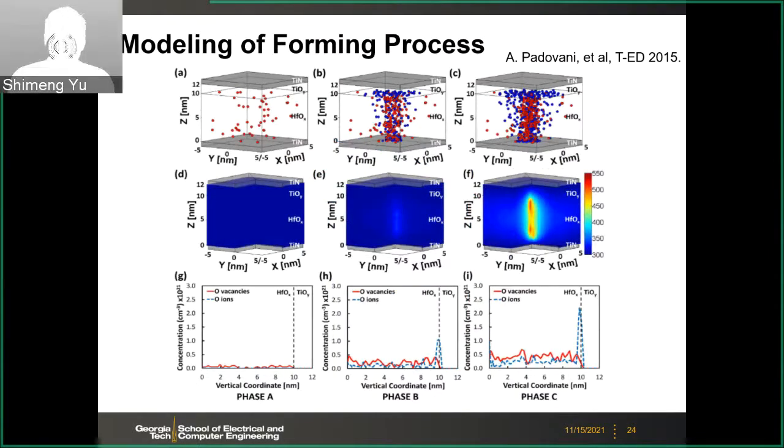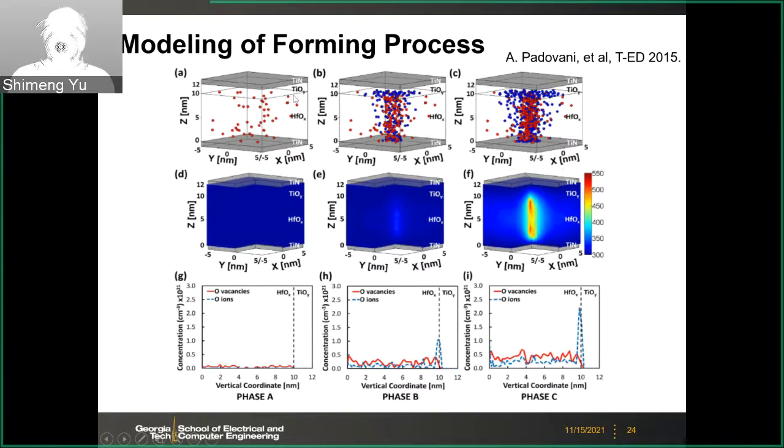And there are also simulations to visualize the process. So here is a paper that tries to visualize the filament formation and rupture process by 3D atomic simulations. Here I believe the red dots are the oxygen vacancies. So you do have some initial vacancies as fabricated in the hafnium oxide layer.